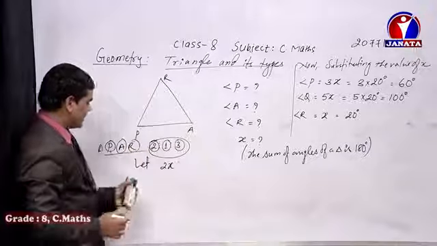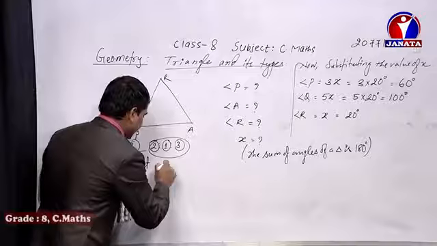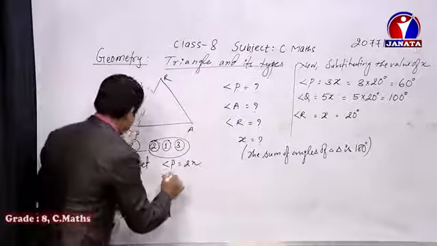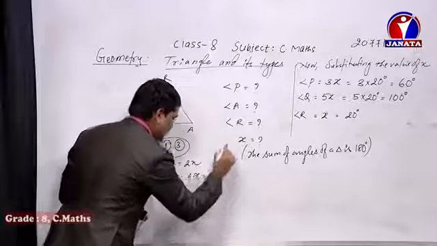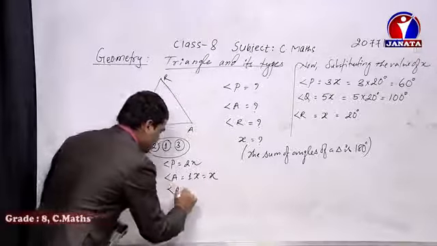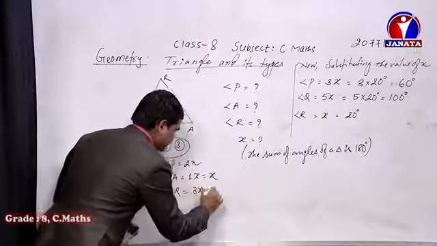In this way, angle P equals 2x, angle A equals 1x, which is directly x, and angle R equals 3x, as its part is 3.